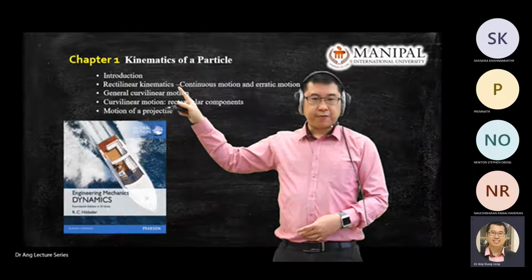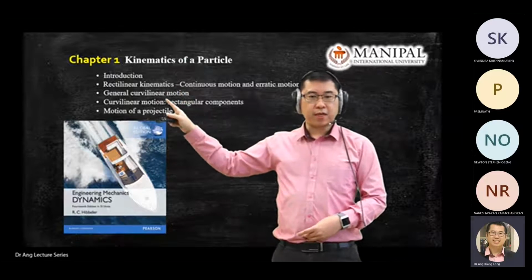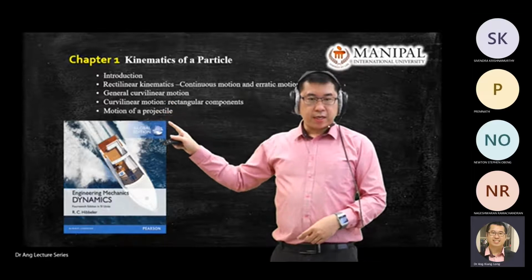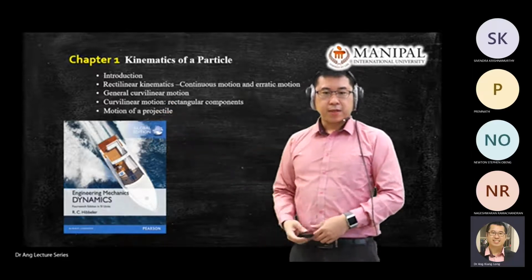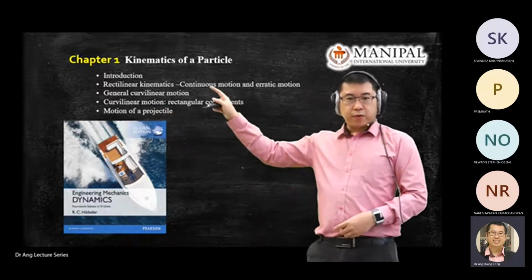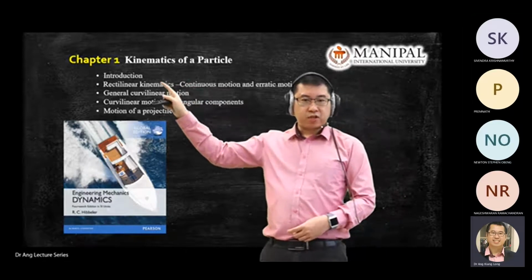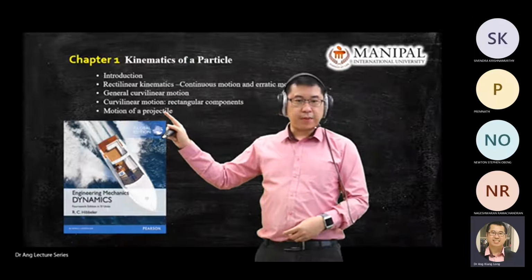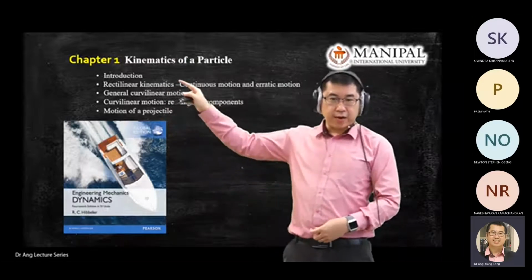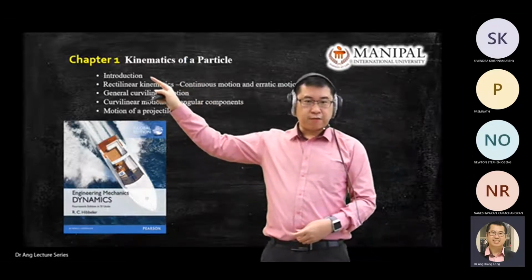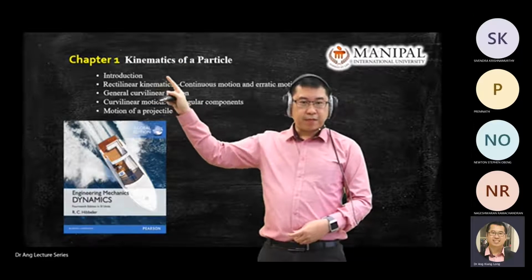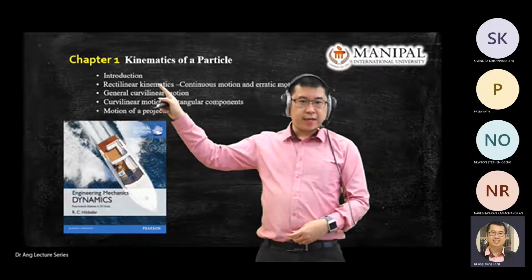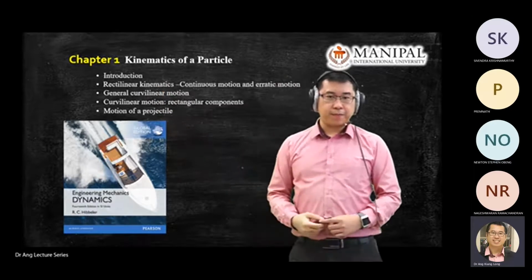Then if we have time, we go into curvilinear motion and projectile. So our objective today is to cover these 2, then next class these 2, or maybe 3. Today our objective is to solve kinematics problems, introduction to kinematics, and we look at rectilinear kinematics motion.